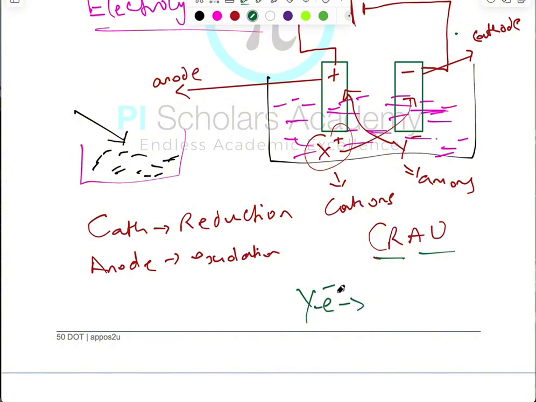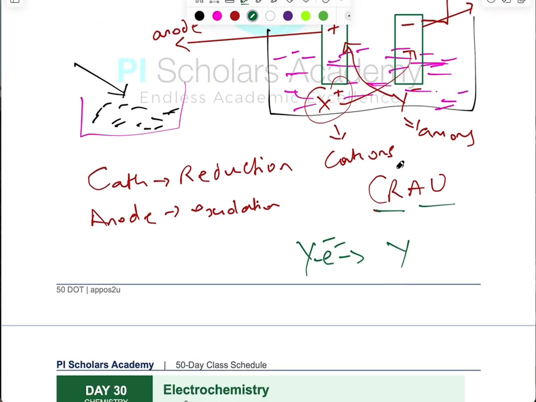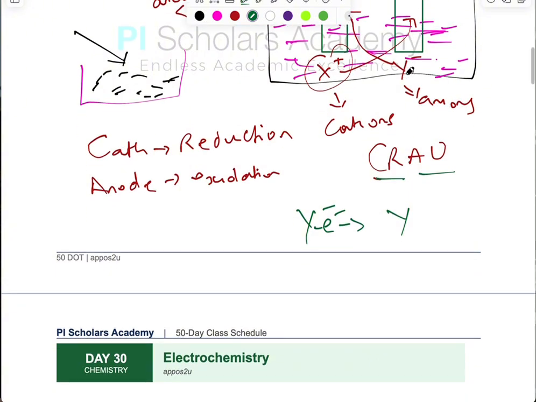And when it loses its electron, it can become Y. Because an anion has excess electrons on it. I've explained this in the previous class, how ions are formed. So if it is losing electrons, it is going through the process of oxidation. It is going from a negative oxidation state to zero oxidation state. That's an increase in oxidation state. So therefore, you have oxidation.